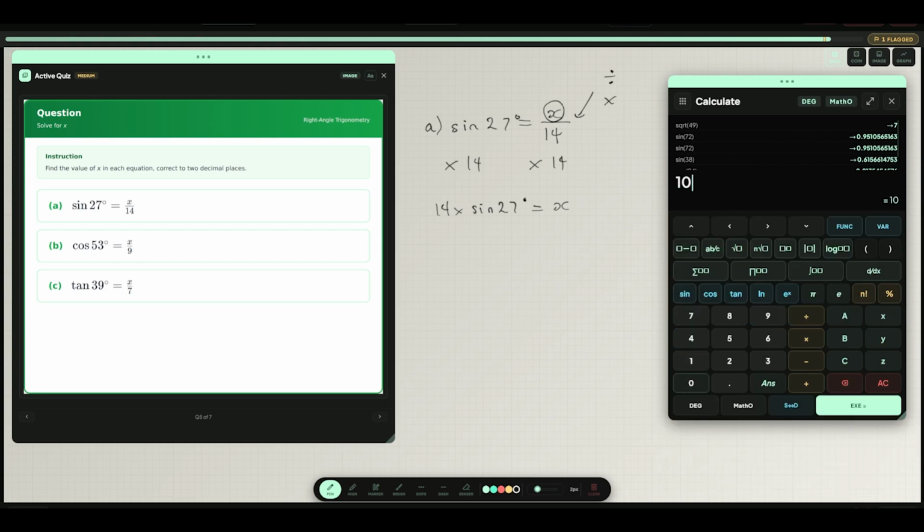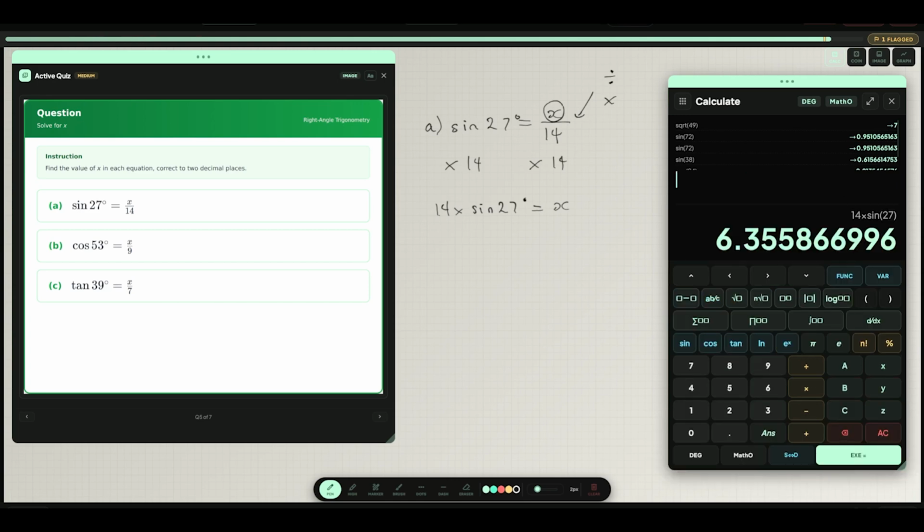So we would do 14 times sine 27 and then hit execute. And that means that x would be equal to 6.3. And now look across at our third digit. So it's 5. Because the third or critical digit is 5 or greater, we're going to round up to 6. Okay? And we might change that to approximately equal to.